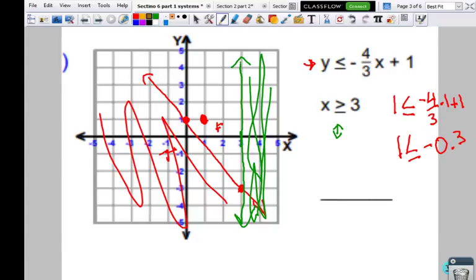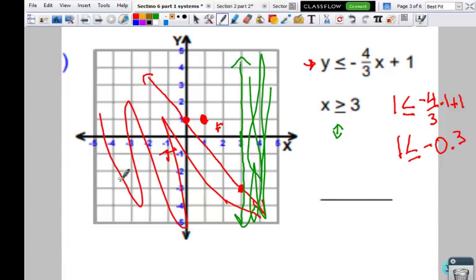Where do they overlap at, Kyle? What do you think? Where do my shadings overlap? Let me back up. Do they overlap in this little section? Is there even any shading here? No. What about right here in this section?